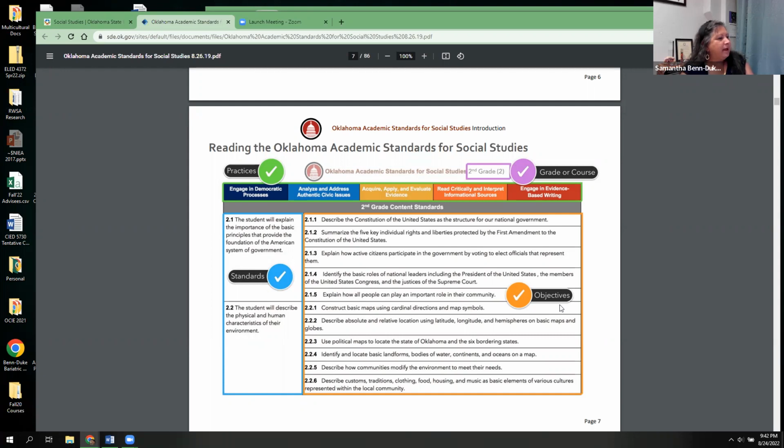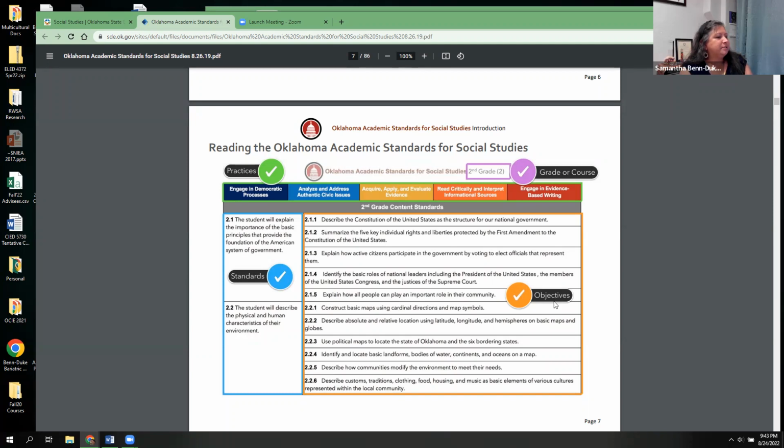Then over here, we have what they call the objectives. I struggle with this term because an objective or a goal is something that we should be able to accomplish in a class period, for example. And here, these are so broad as to describe the Constitution of the U.S. as the structure for our national government. Well, that's not something that can very easily be done in a class period.